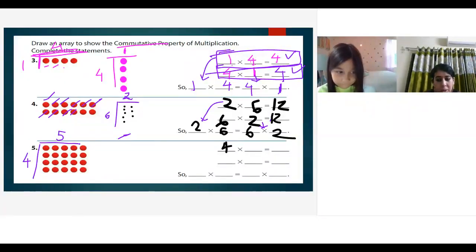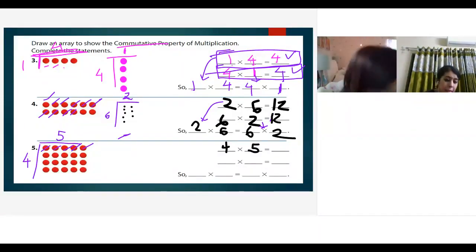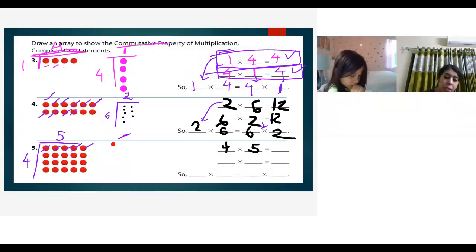Now count them. 1, 2, 3, 4, 5. Count how many counters are there? 5, 4 times. Count all the counters. 5, 10, 15, 20. Write down 20.